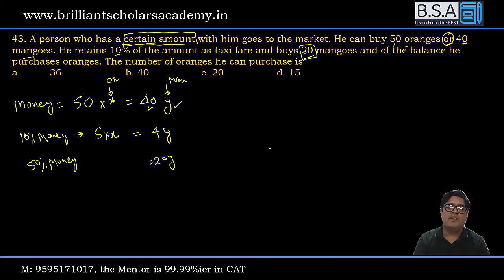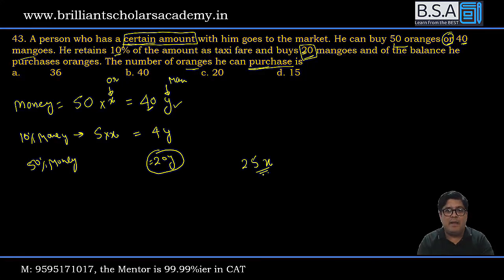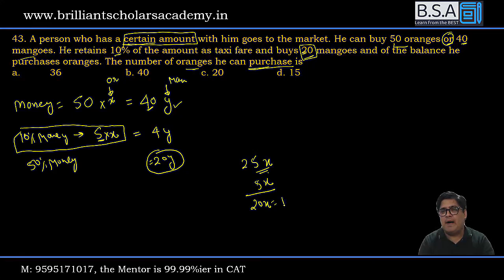Now the question is, how many oranges can he purchase? If he buys 20 mangoes, he can buy 25 oranges, but he has to save money equal to 5 oranges. So how many oranges will he actually buy?